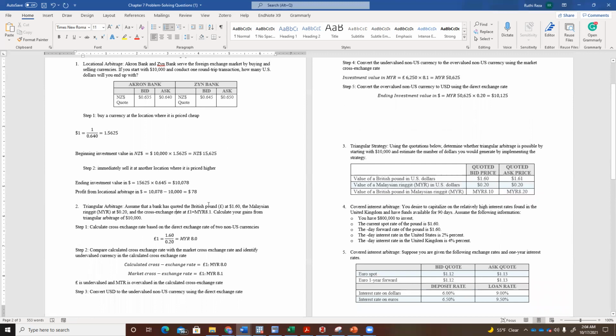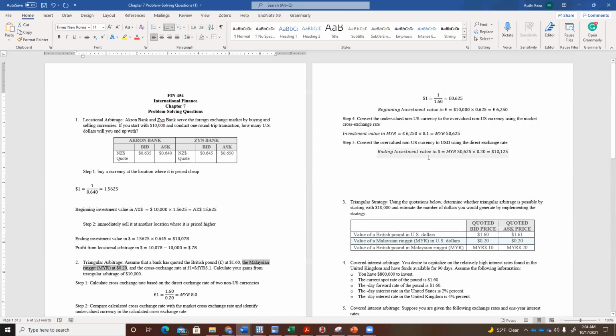And then here you can see each Malaysian ringgit is equivalent to 20 cents. So we are using that exchange rate to convert Malaysian ringgit into dollar. Then our ending investment value is now 10,125.